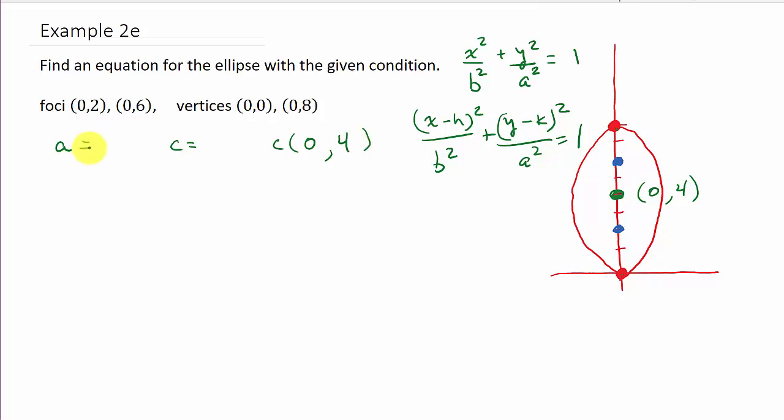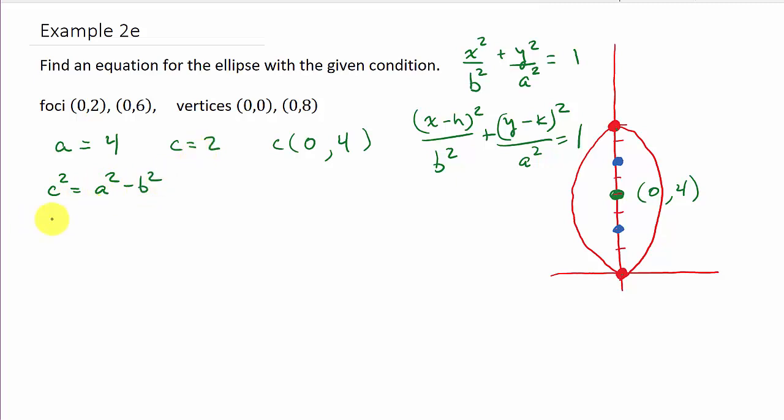So as far as a goes, how far are the vertices from the center? Well, 1, 2, 3, 4 units. So I know a is 4. And how many units are the foci from the center? Well, it's 1, 2. So I know c is 2. Now we can use the formula c squared equals a squared minus b squared.